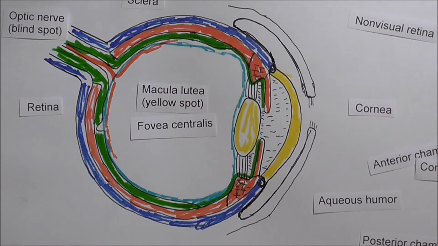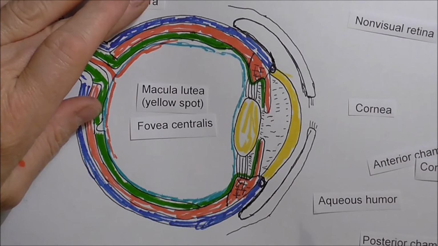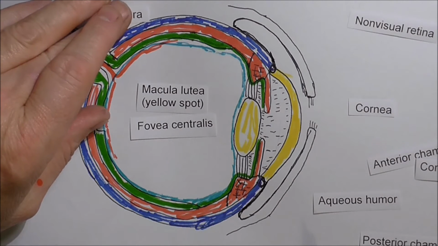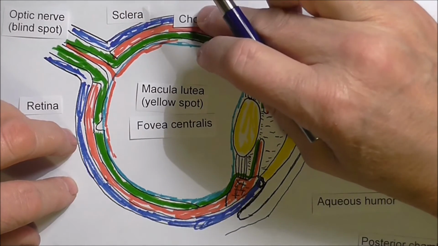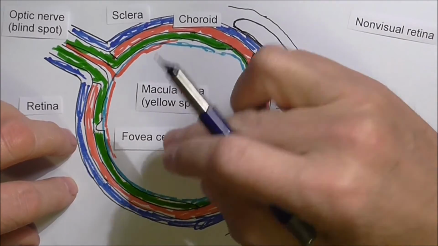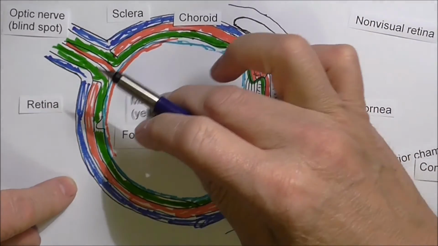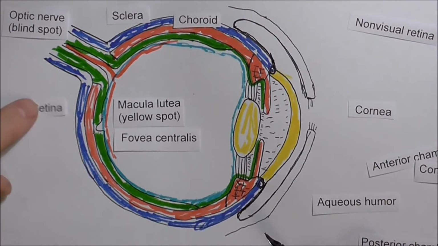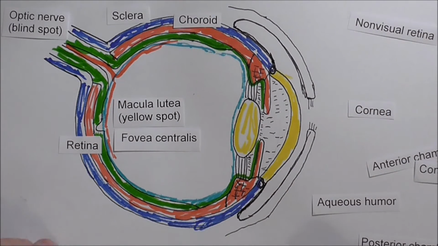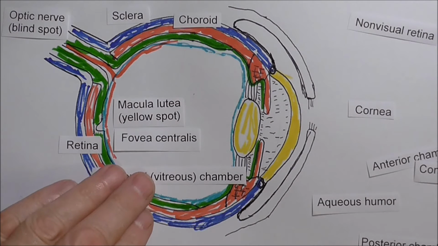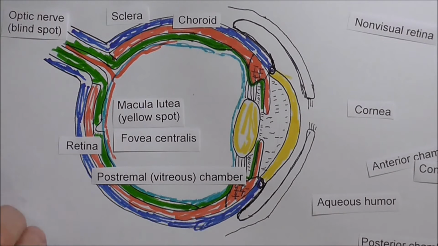So there we have some of the main components. Sclera, the fibrous layer. Choroid there in red, the vascular layer. Fovea centralis, yellow spot. Retina, the visual retina and the non-visual retina. Posterior vitreous chamber, optic nerve.